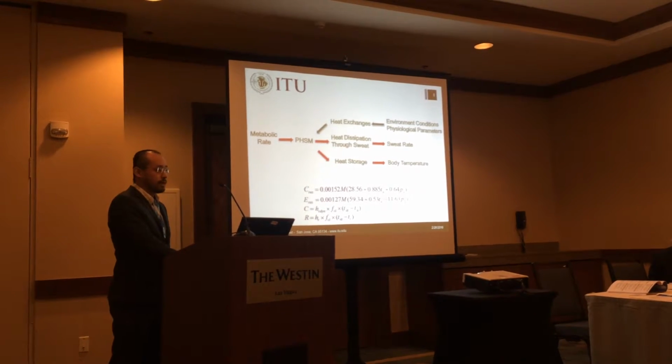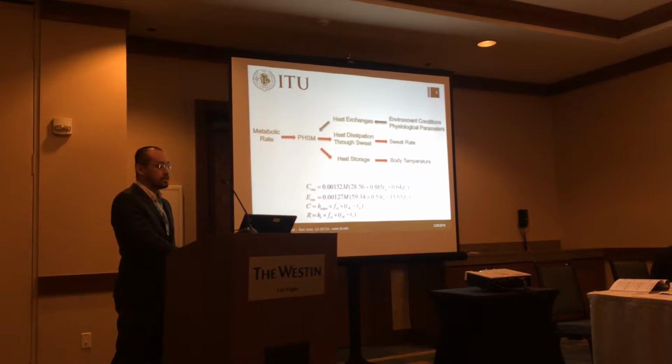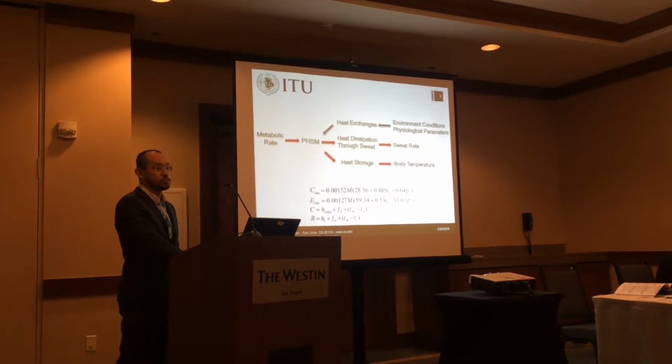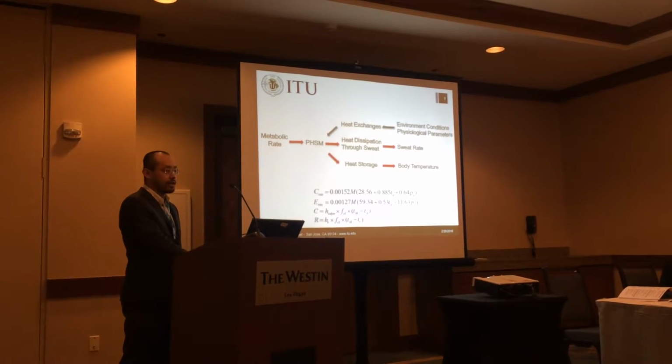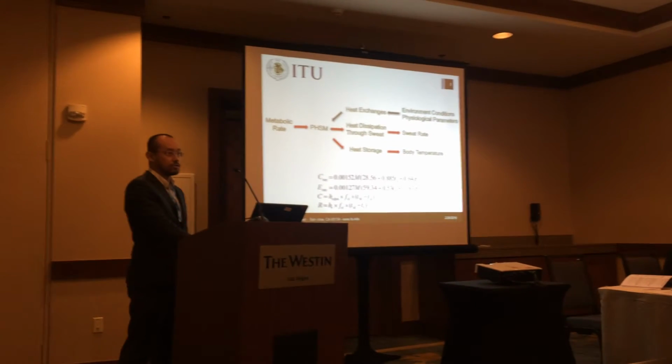In PHSM, metabolic rate is considered as known. So for a certain kind of exercise, we can use the known metabolic rate to calculate the heat dissipation through sweat and the heat storage. With these two items, we can calculate the corresponding sweat rate and predict the body temperature.